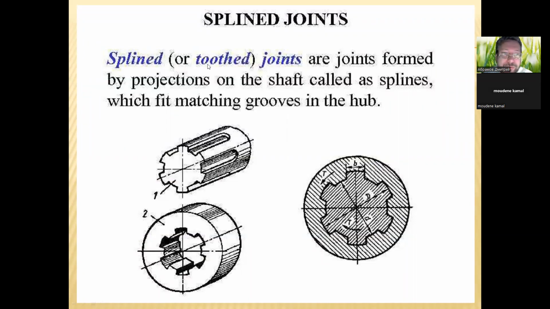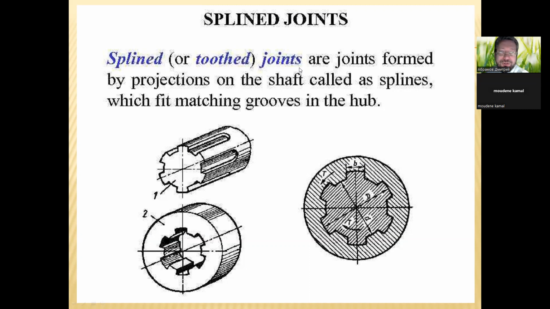Splined or toothed joints are joints formed by projections on the shaft called splines, which fit machining grooves in the hub. Please write down to your notes what is the splined joints.